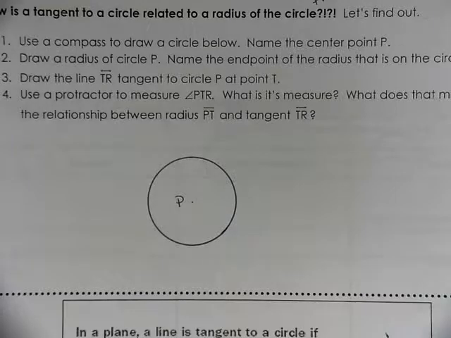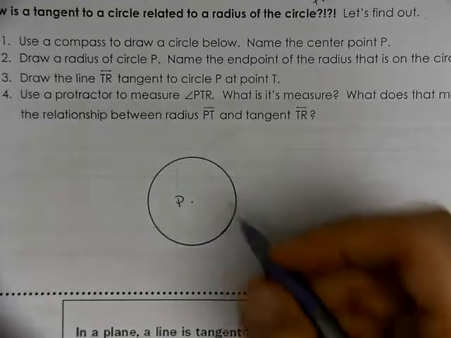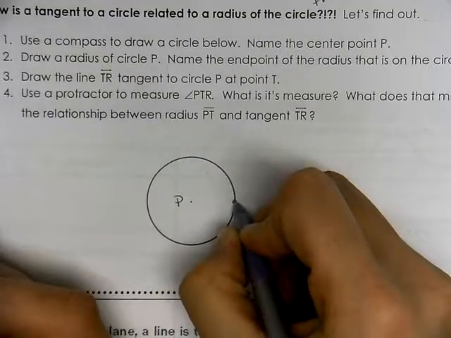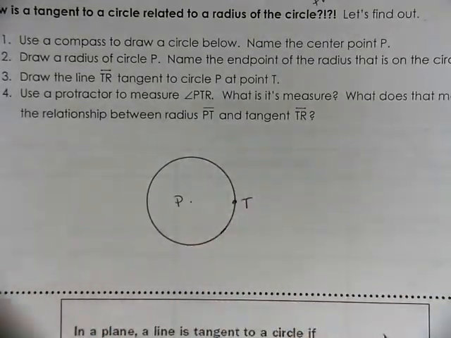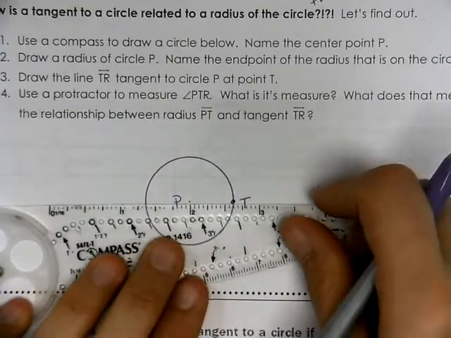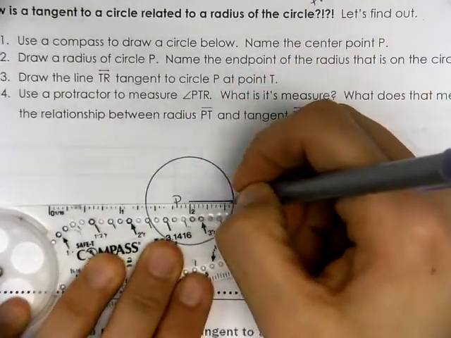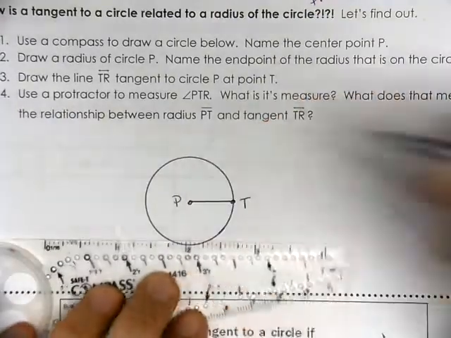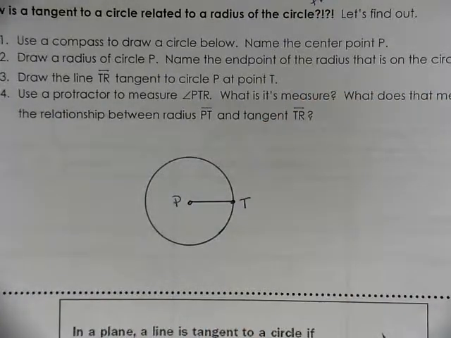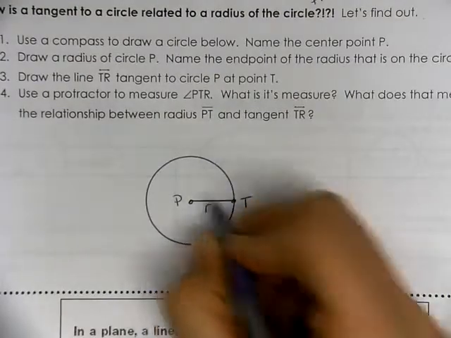So what you want to do is pick a point on the circle, and we're going to name that point T, and I'm going to connect P to T. So this is a radius, right?